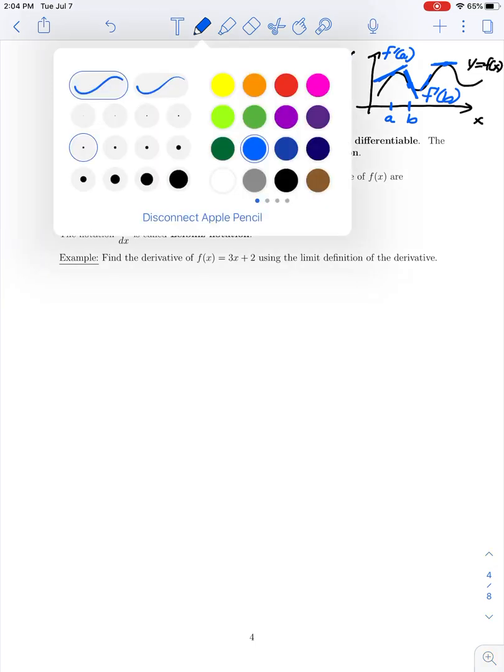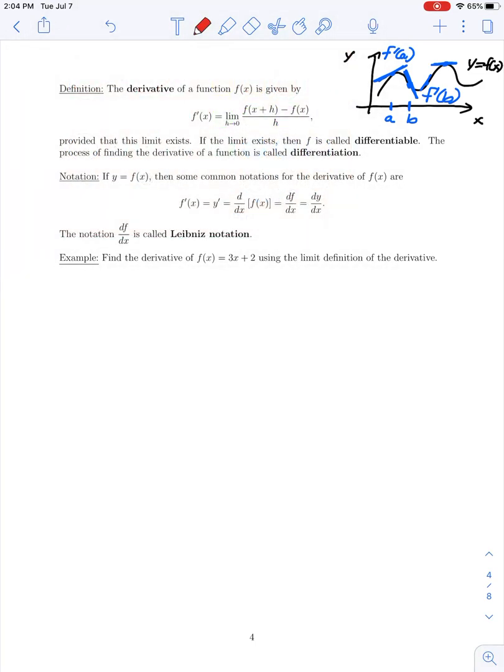So let's introduce the definition of the derivative as a function. Here we say the derivative of a function f of x is denoted by f prime of x, and it's defined as the limit as h approaches 0 of the difference quotient f of x plus h minus f of x, all over h.